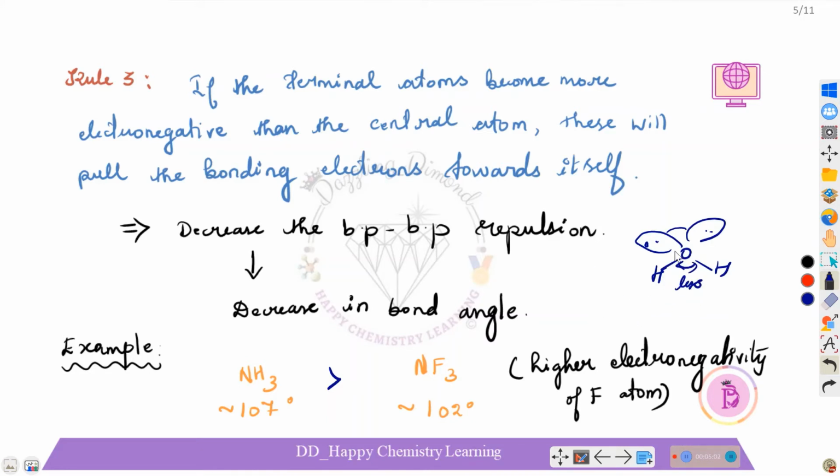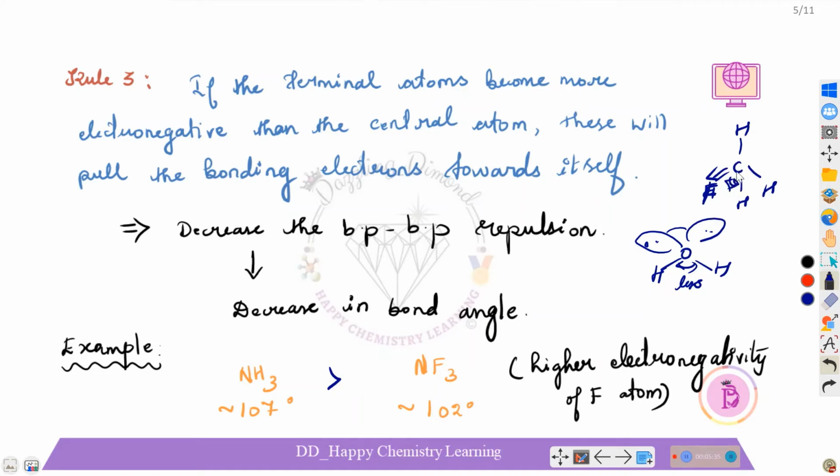Like that, for bond pairs, further due to the high electronegativity, right? If you take this as fluorine in NH3, the electrons will be pulled towards fluorine, so this will reduce the angle between these.